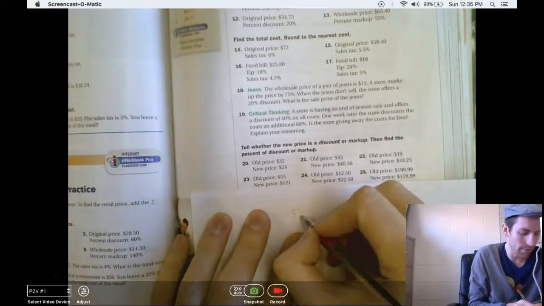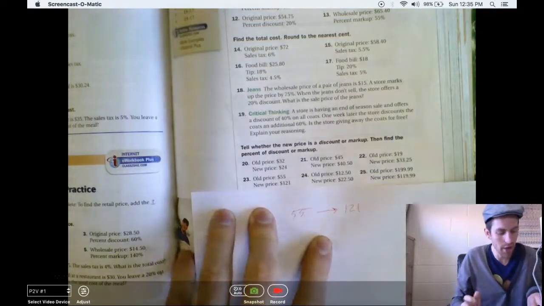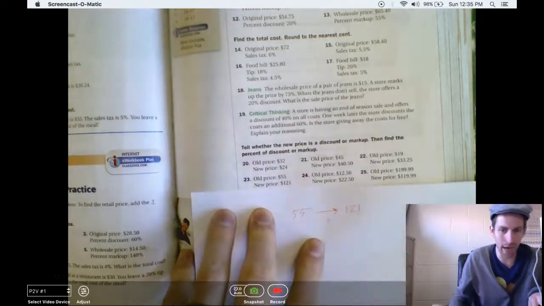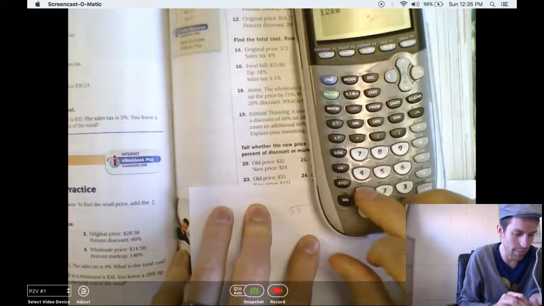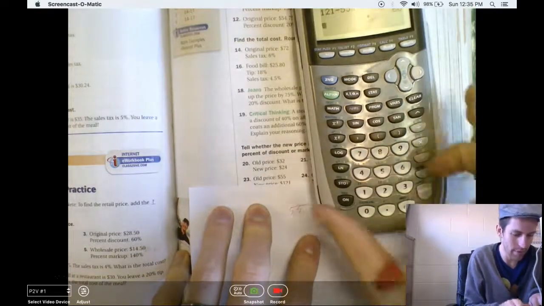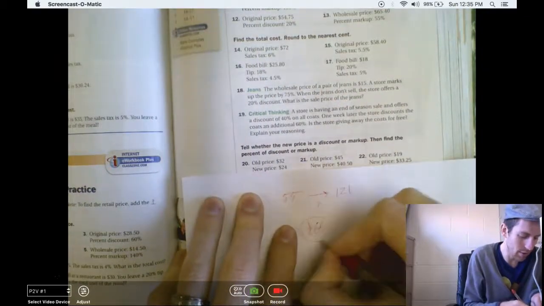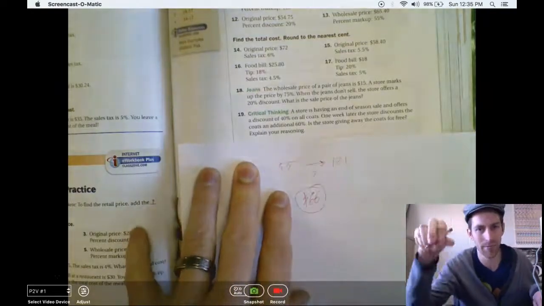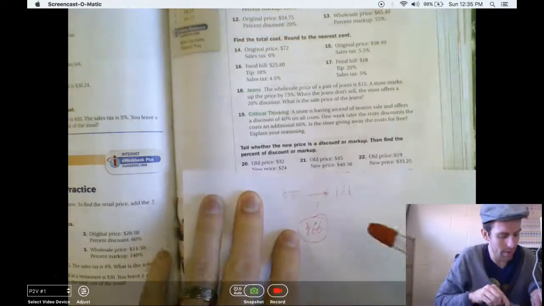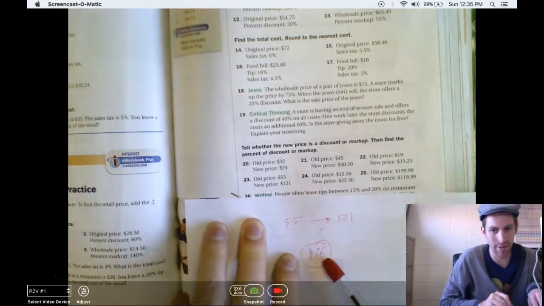So we went from 55 to 121. What is that difference there? How much did it jump up? Well, do 121 minus 55 to find that difference. That jumped up $66. Okay? So now we have to find out what percent of 55 $66 is.